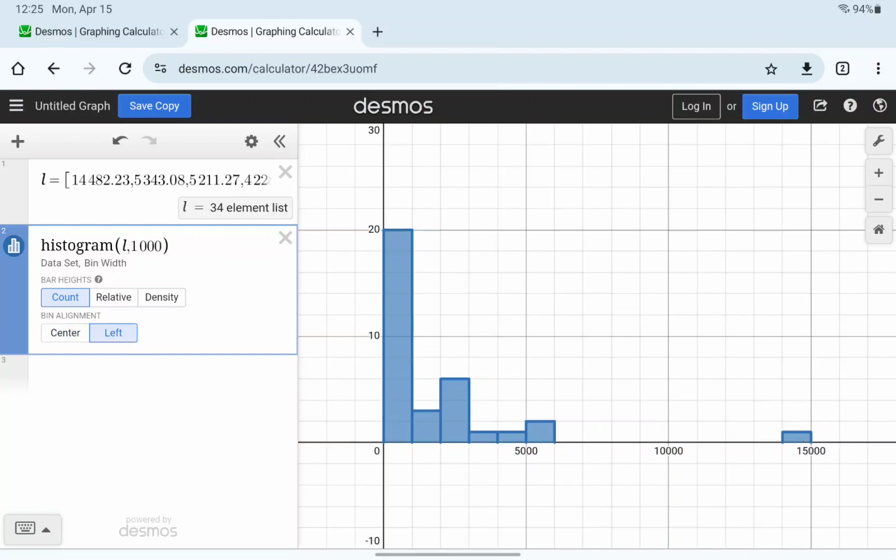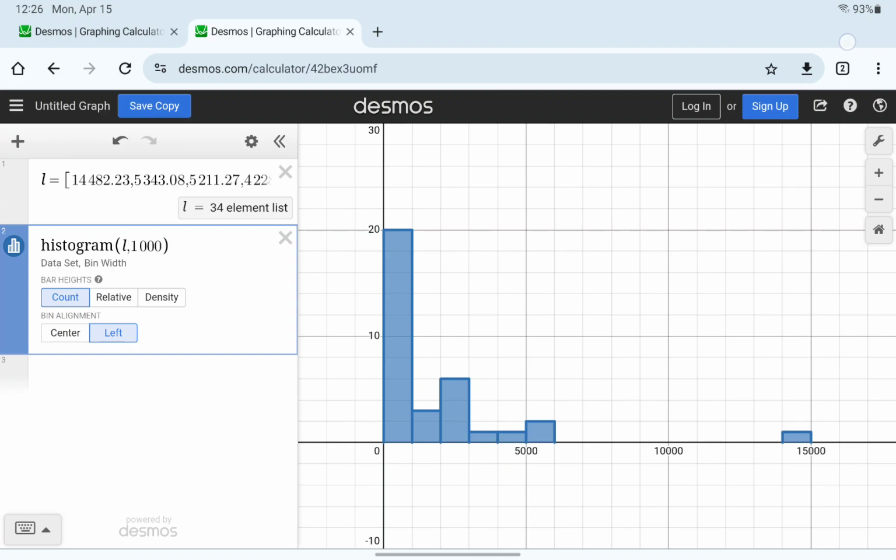But we've created our histogram with a bin width of 1000, which is, again, equivalent to $1 billion since it's 1,000 million. And we can see the frequency of states that make between 0 and $1 billion from gaming revenue. And then we've got one value way out here on the far right end, which we can probably guess is Nevada, with Las Vegas and all the other different gambling options out there.